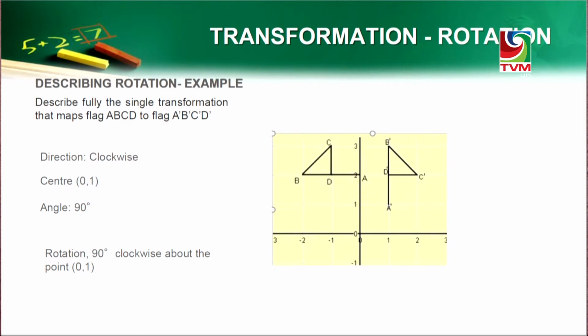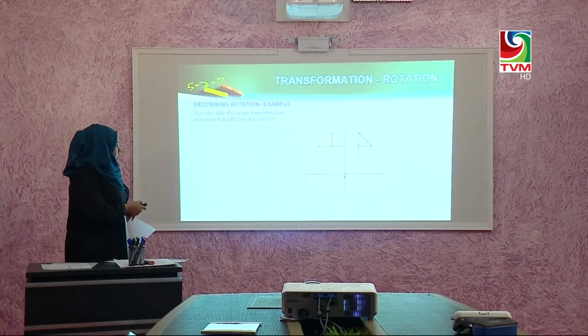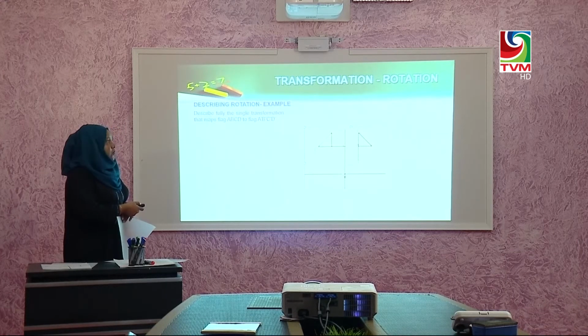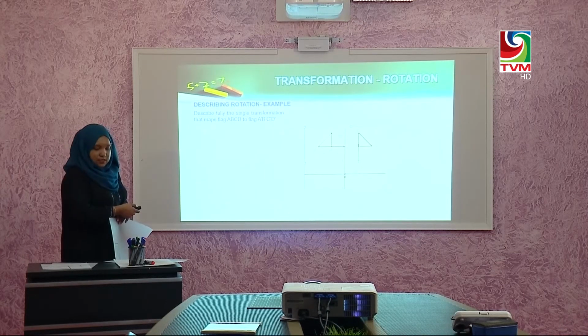Now by looking at the object and image, we know that it is rotated from here to here. So it is a clockwise rotation. Now we know that the direction of rotation is clockwise.